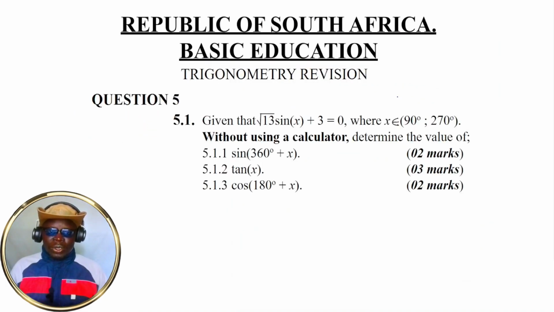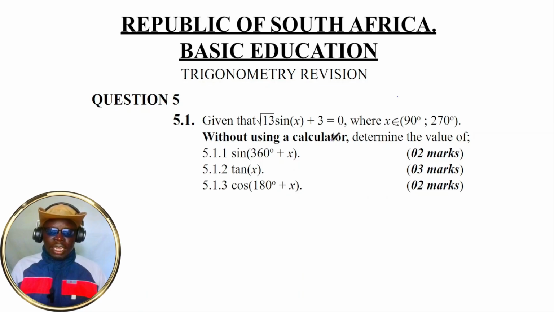Yes, so our question is here. It says, given that root 13 sine x plus 3 equals 0, where x is an element of 90 degrees and 270 degrees, meaning our angle is lying between 90 degrees and 270 degrees.